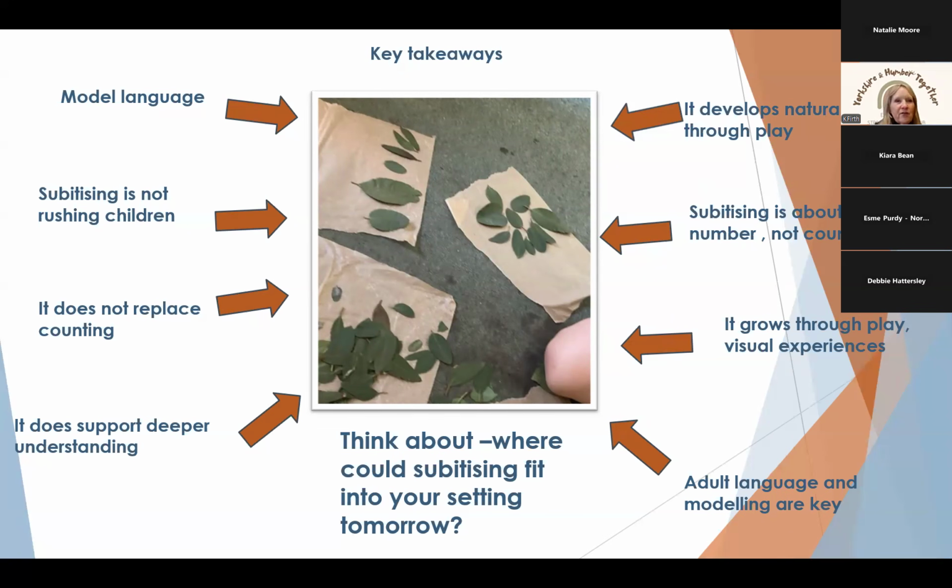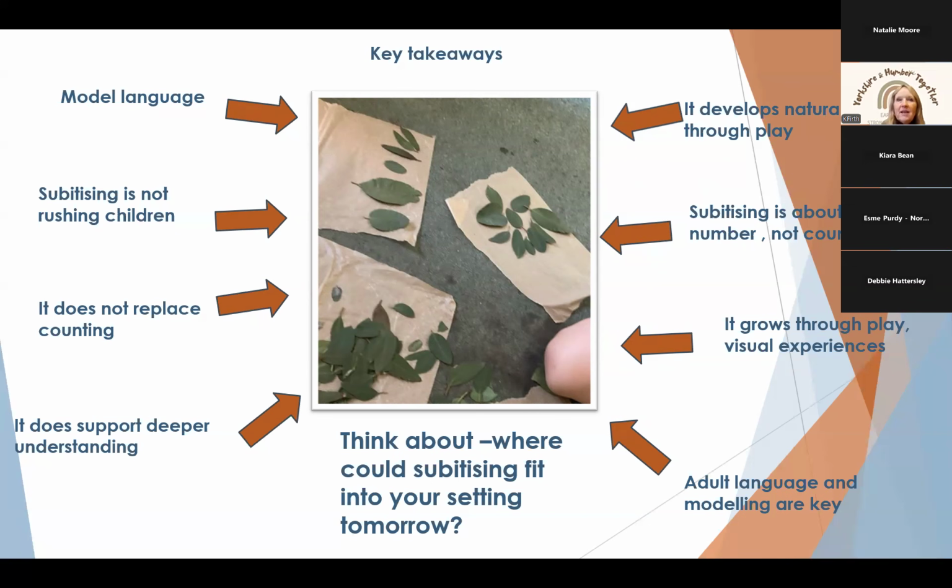So the takeaways from the subitizing: you're modeling your language, not rushing our children. It doesn't replace counting. It does support that deeper understanding and critical thinking. It develops naturally through play and can be challenged and moved on.